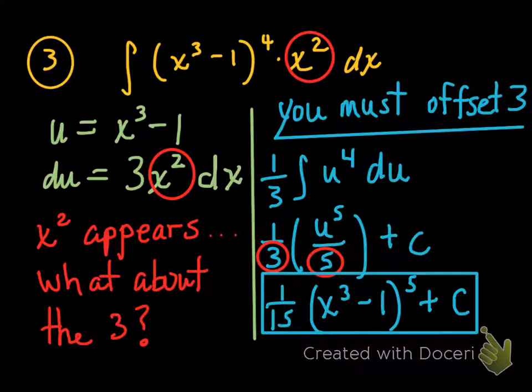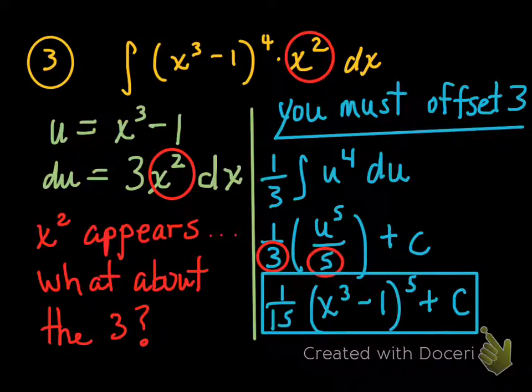You take the derivative of the inside function, which you see is 3x squared, and when you do the multiplication, the exponent times the constant in front, you'll get 5/15 or 1/3. And then the other times 3 comes from the derivative of the inside function. That's what's going to eliminate constants altogether. That's why you don't see any constants in the original integrand. So when you are through, you get 1/15 (x cubed minus 1) all raised to the 5th plus c.